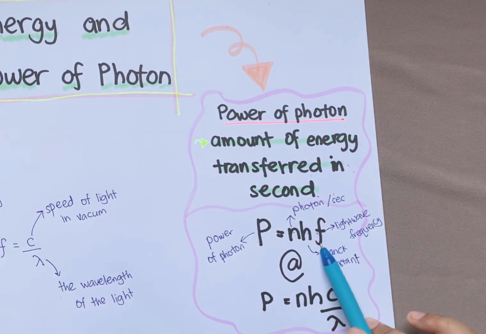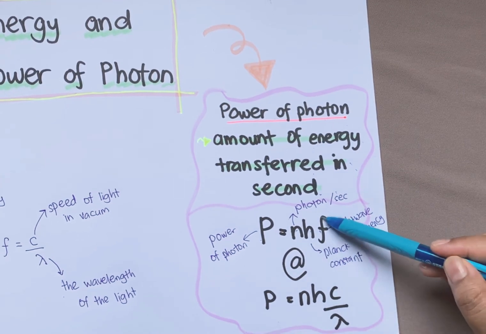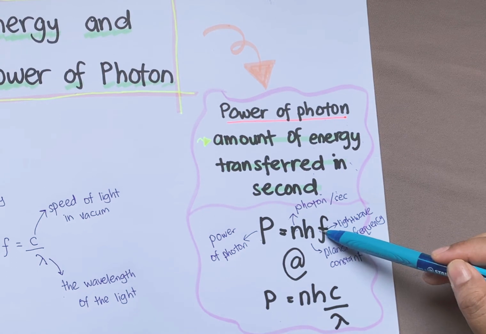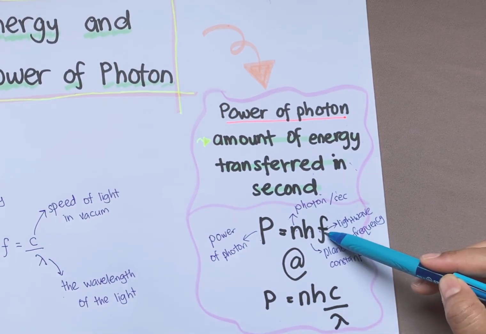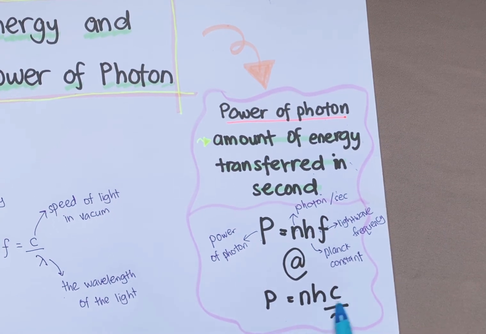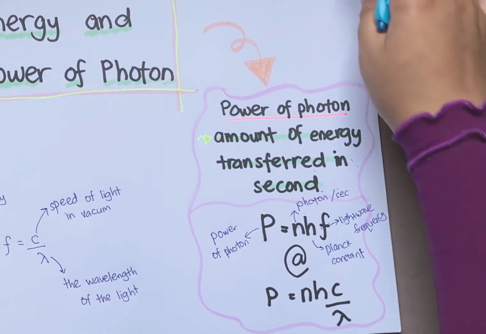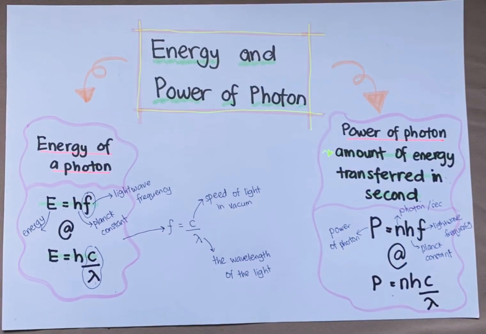Same as the energy of photon, we can expand the frequency equation by substituting C over lambda. Then we get the power of photon is equal to NHC over lambda. So now we know the equations for energy and power of photon, the main equations for this subtopic.